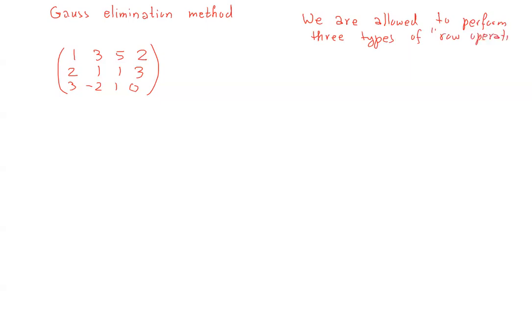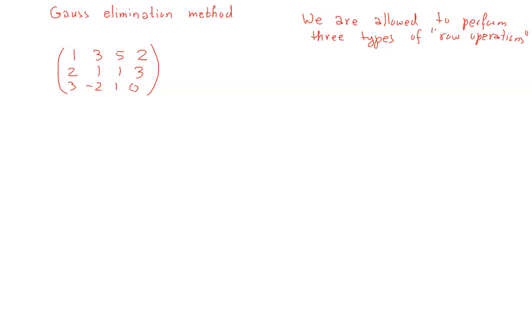The reason we are allowed to perform these 3 types is because if you translate them into operations on equations, you will see that you keep getting equivalent systems, meaning the systems may change in how they look, but they have the exact same solutions. So what do they look like?